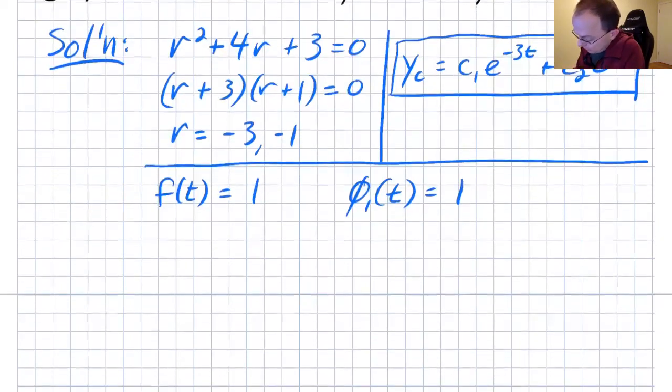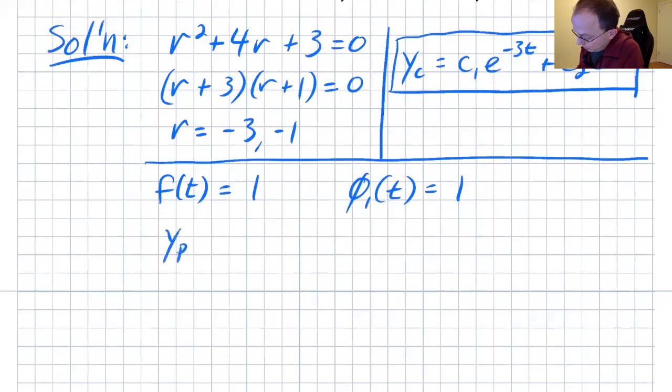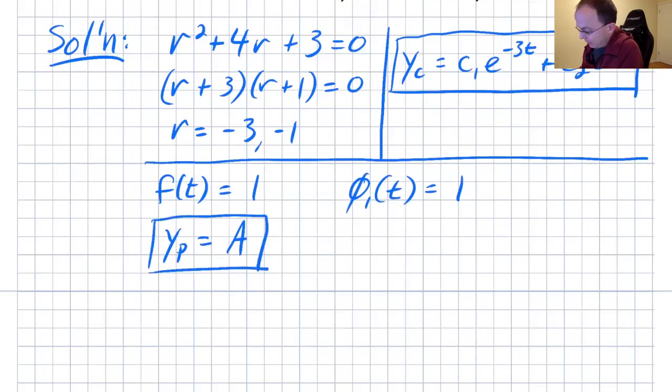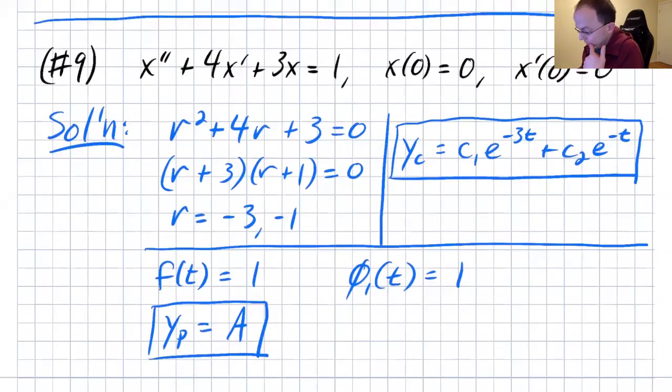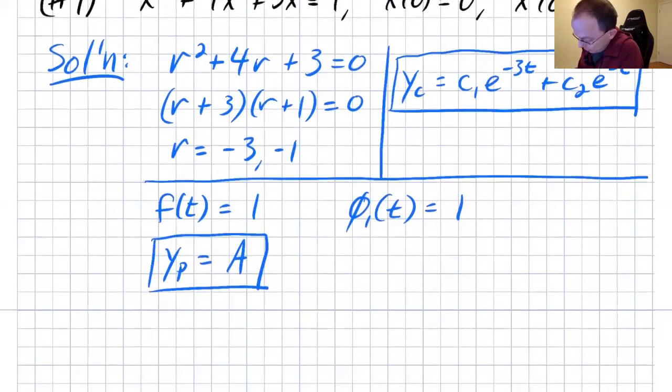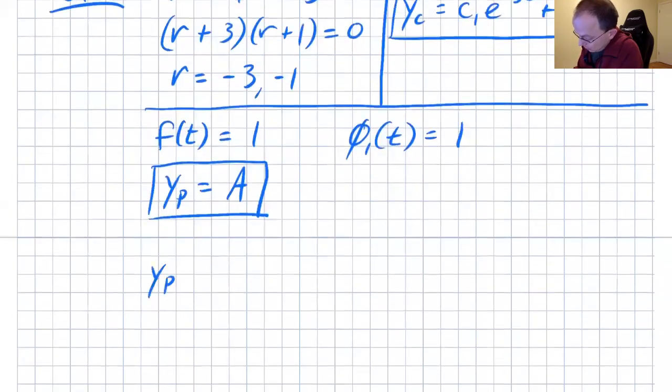So the particular solution is going to be a times 1, so just a. Now we need to figure out the value of that a, and to do that, we need to take the derivative of it twice, I guess. So we get 0 both times.